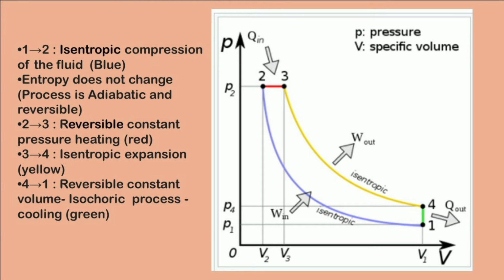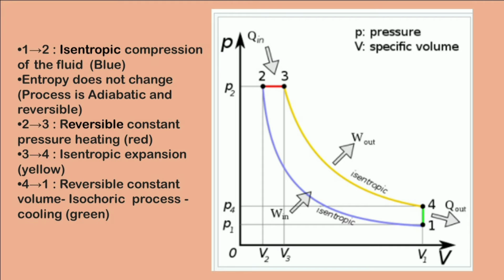Work in, represented as W in, is done by the piston compressing the air. Heat in, represented by Q in, is from the combustion of the fuel. Work out, represented by W out, is done by the working fluid expanding and pushing a piston.